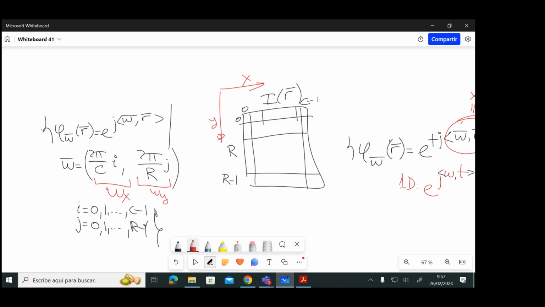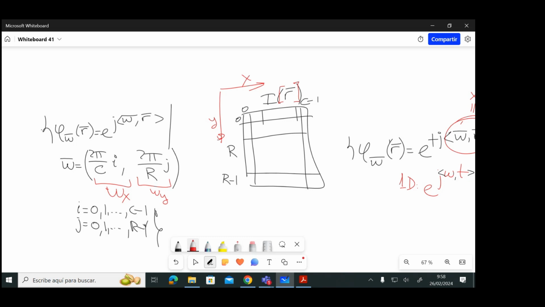So now if your input is discrete, it would be better notation to use square brackets. If your input is discrete, then your basis is also discrete. So you don't have infinitely many frequencies. You have a discrete set of frequencies. This discrete set is defined in the same way as we did before.